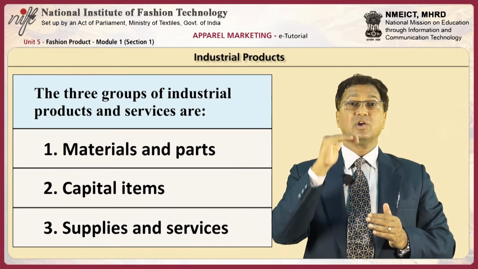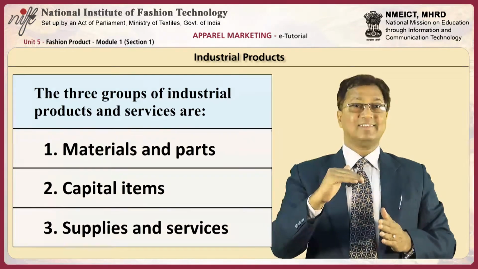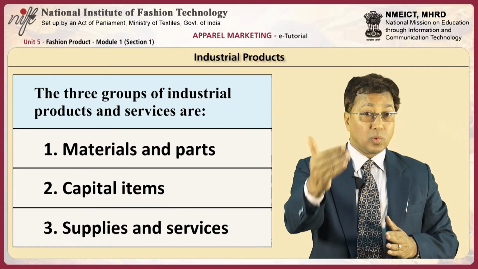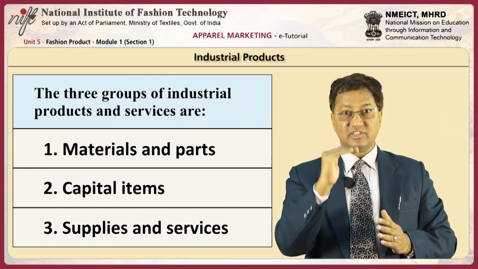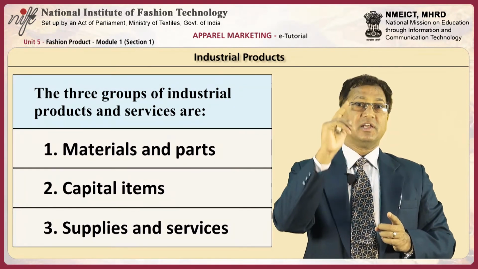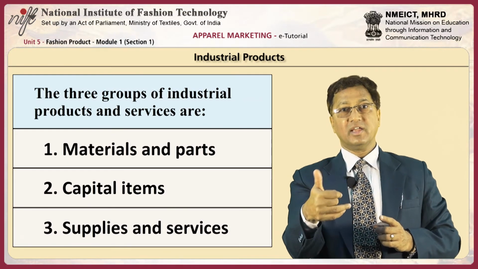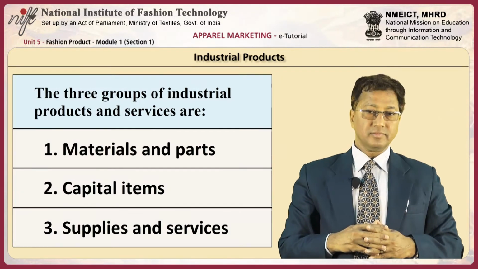The final group of industrial product is supplies and services, which include operating supplies, machinery, repair, and business advisory services, that is accounting and legal. These are all business advisory services.